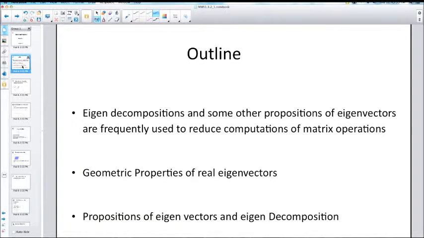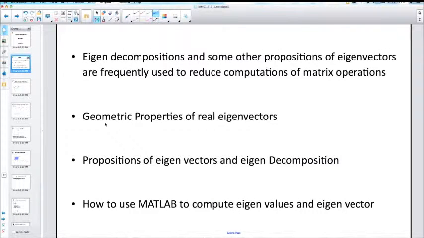And then we're going to look at how we're going to apply the eigen decomposition to reduce computation. Finally, we're going to look at a few MATLAB codes and see what we need to be careful and what kind of mistake we can make.